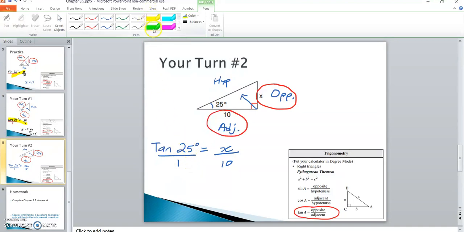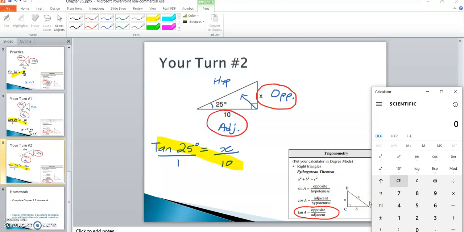Now my final step will be to cross multiply and divide. So go ahead and do that. Alright, so I'm going to multiply the tan 25 and the 10. So 25 tan times 10 divided by 1, and 4.66.